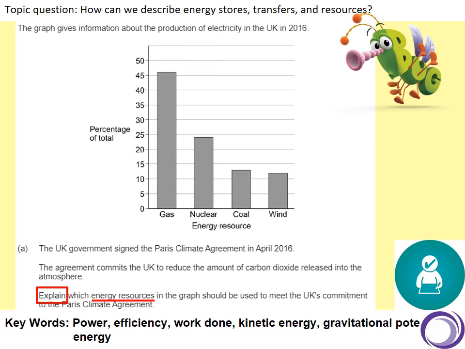Remember, the Paris Climate Agreement is to reduce the amount of carbon dioxide released in the atmosphere. So you will have to think about which energy resources release carbon dioxide, which ones don't, and which would release the least amount of carbon dioxide. So those are things to think about for that question. Please pause the video here and have a go.